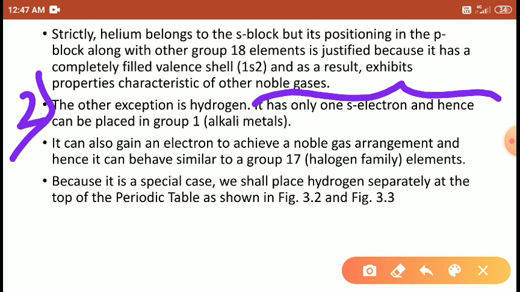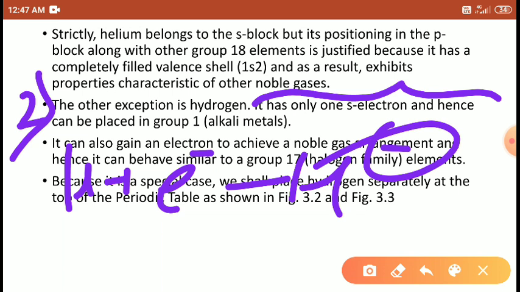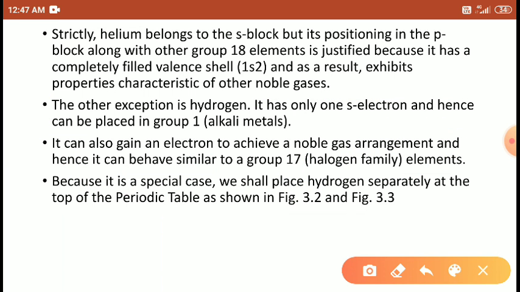It can also accept an electron to attain the noble gas configuration, H minus. Why is it not kept in group 17? Because it is a special case, so it is placed separately at the top of the periodic table.